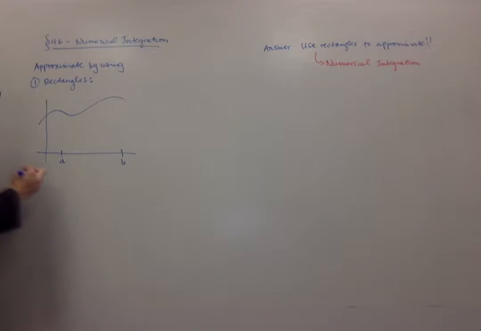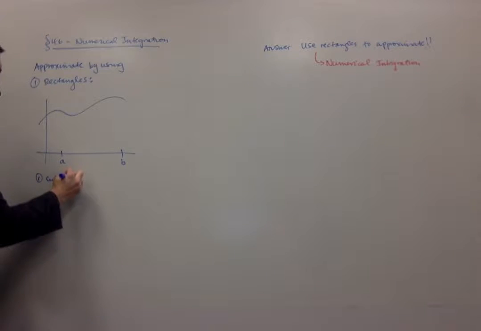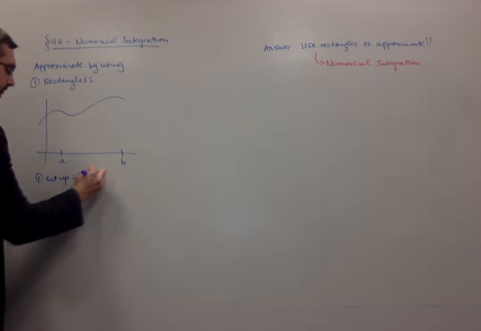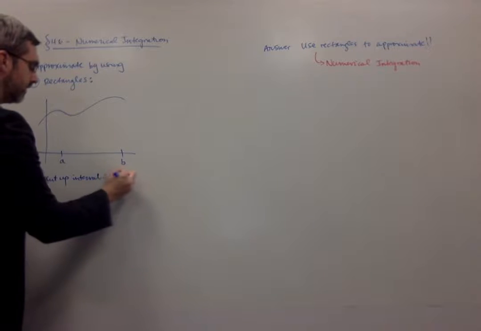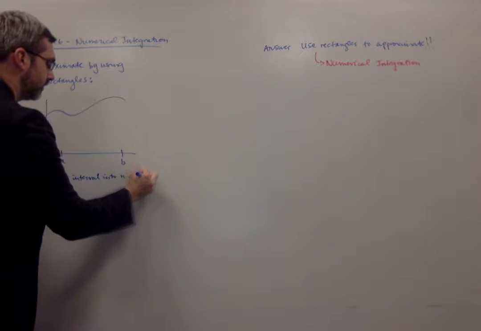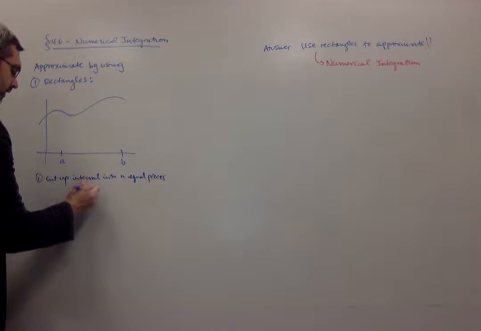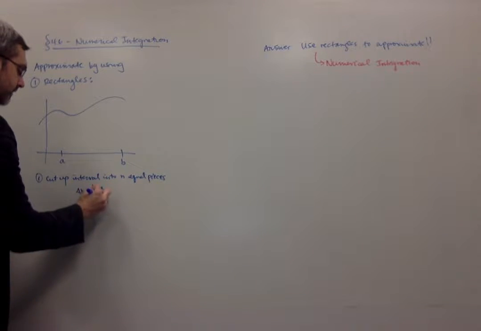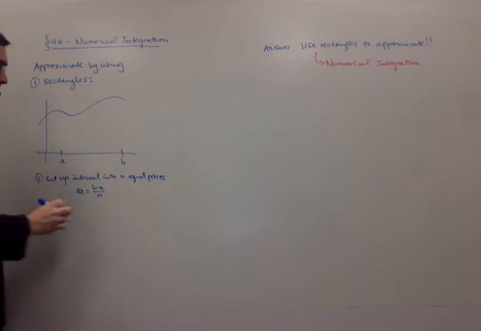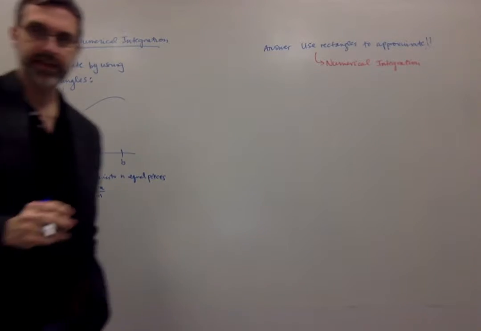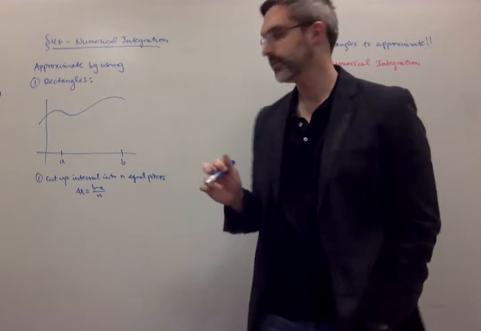So again, my steps were to cut up the interval into n equal pieces. Okay, and then the width is b minus a over n. I'm just going to keep that width as delta x, but you can keep in the back of your head that that width is b minus a over n.